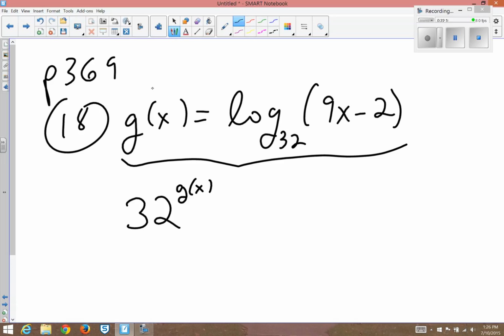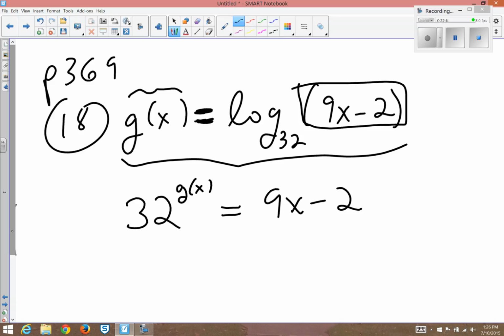I know that what's over here is the exponent because reading this sentence backwards, it would say to me a log is an exponent. Therefore, g of x is the exponent on the base. And this base raised to this exponent equals whatever's written right there.